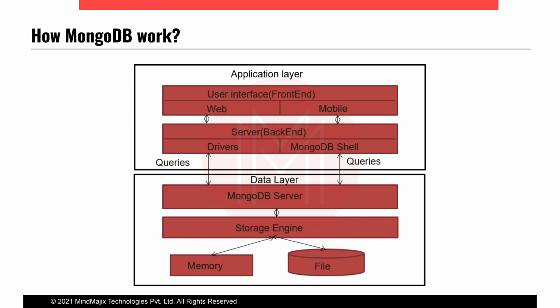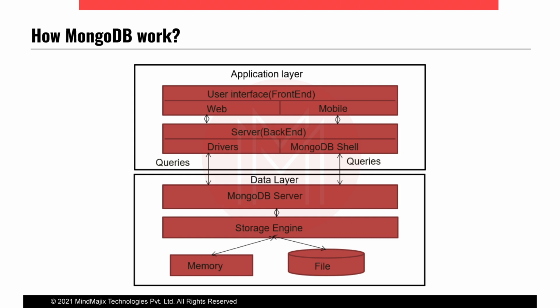If you want to do CRUD operations, we can use the MongoDB shell. If you want support from front end to back end, we use drivers. This is the best approach for client server communication between the database and our front end side.